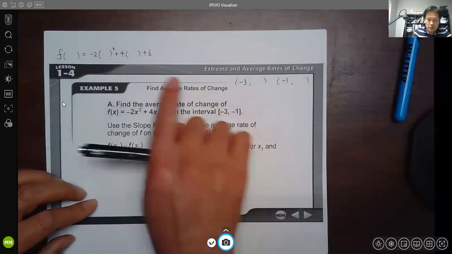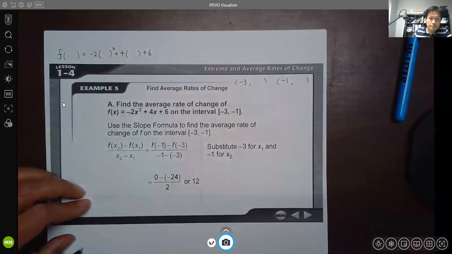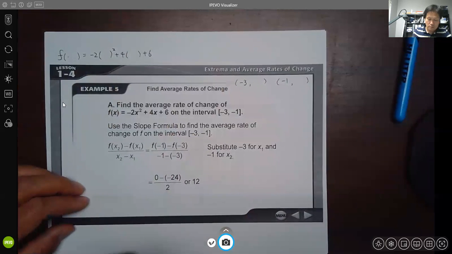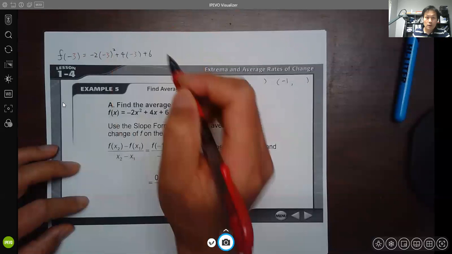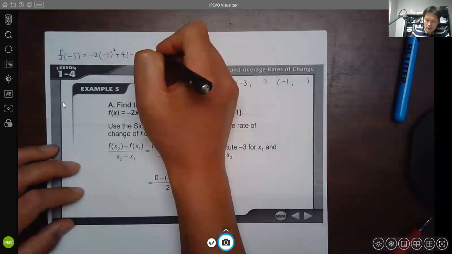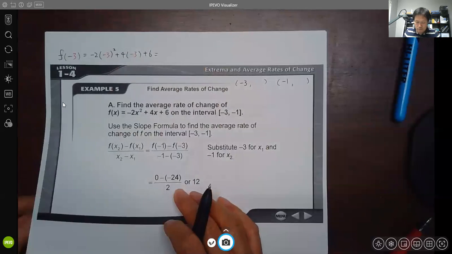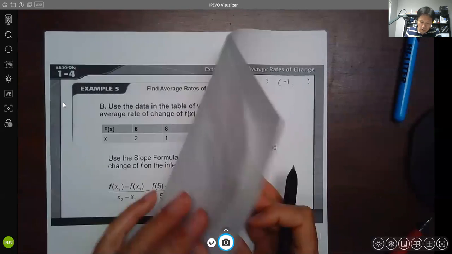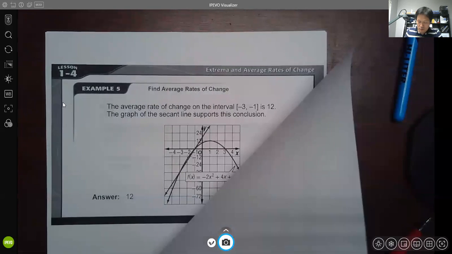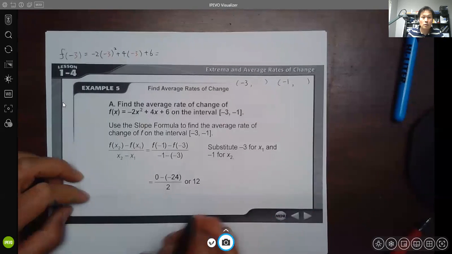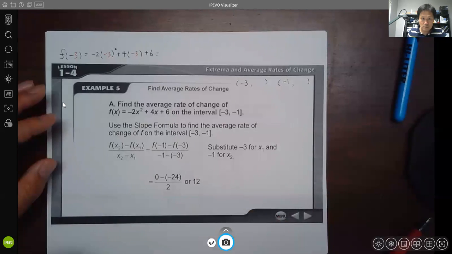So minus 3, you plug it in here. If you plug it in, you will get minus 3. Wow, they didn't do it, huh?